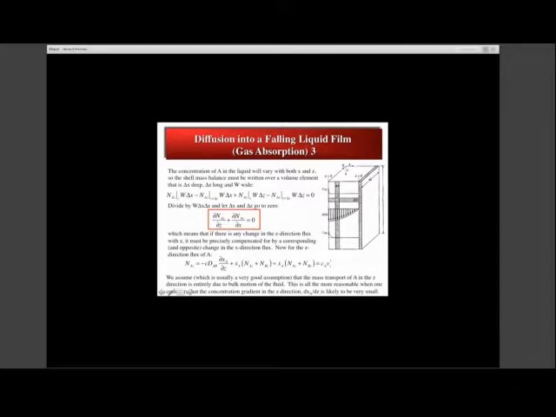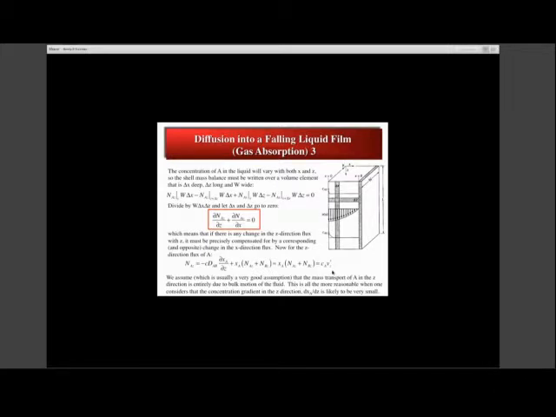That is, that the main mechanism for moving A down this wall is due to convective flow. That diffusion is negligible, and so to first approximation, the flux of A is given by this expression, and that is simply, by definition, the molar concentration of A times the molar average velocity.